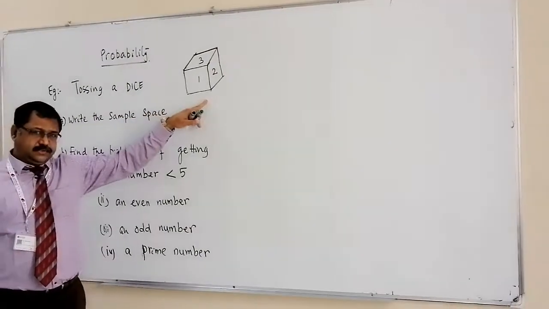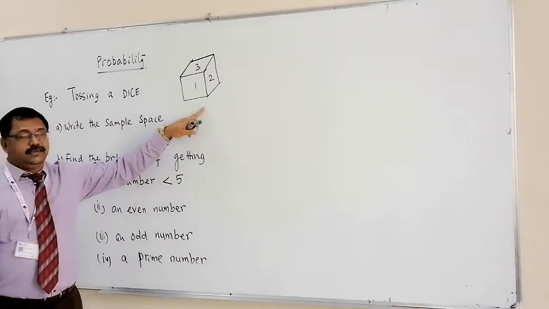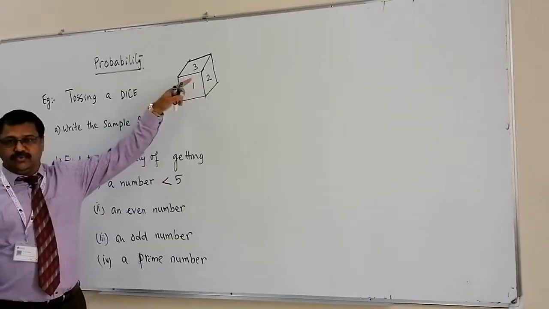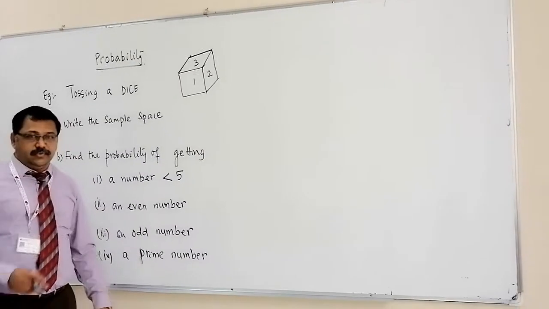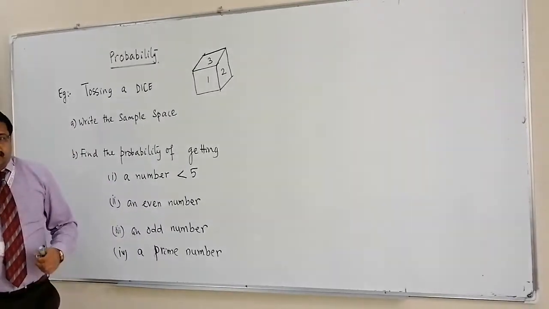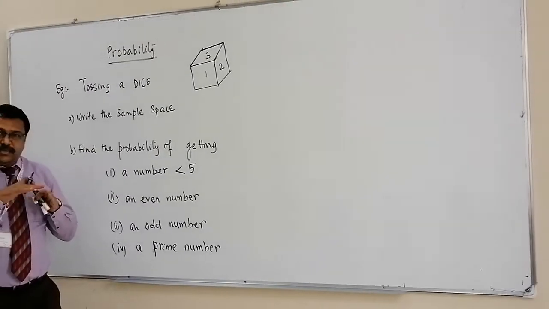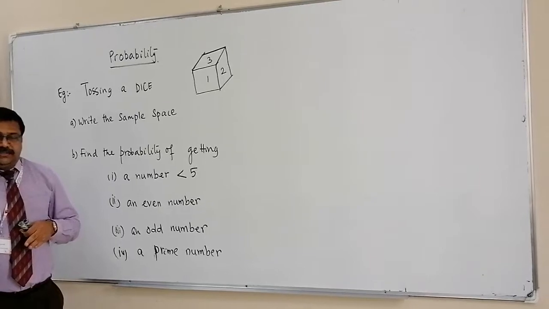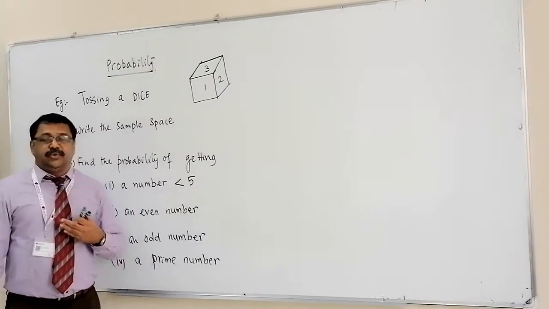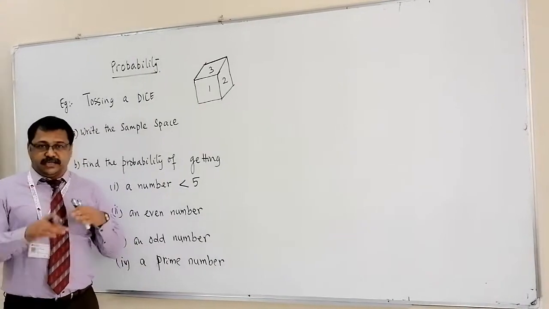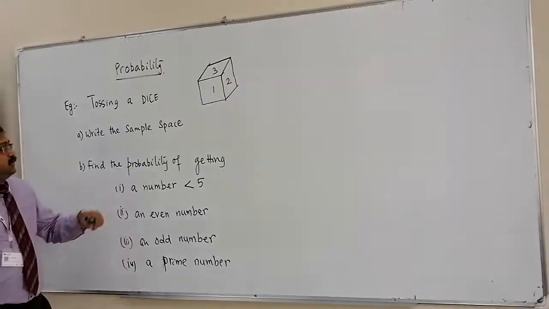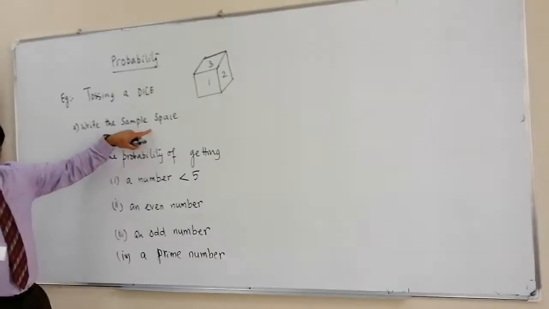Tossing a die is an experiment. You know what a die means. It has 6 faces, which are written as 1, 2, 3, 4, 5 to 6. When you toss a die, what you are looking at here is the number which is coming on the upper face. So what are the possible numbers that can come on the upper face? That we call the sample space.